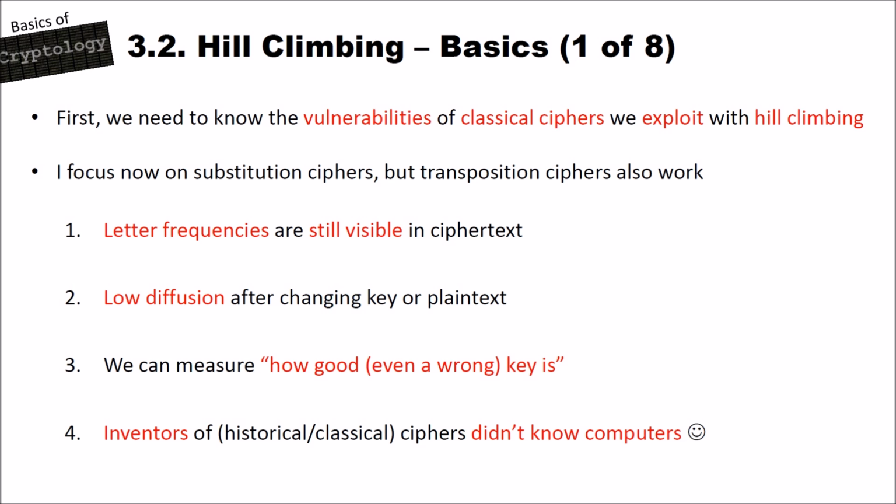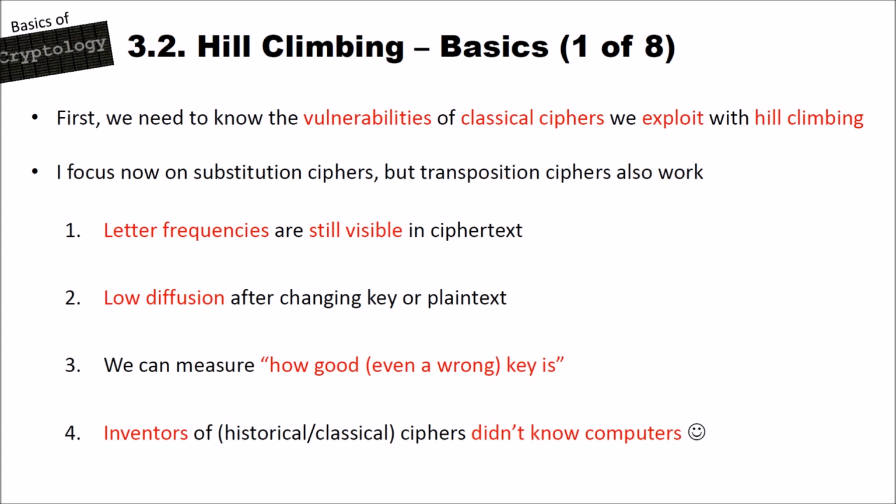I tried to find the most important vulnerabilities of classical ciphers, and I came to a list of 4. From now on I focus on substitution ciphers, but you can also use hill climbing to break transposition ciphers. We have 4 different vulnerabilities. First, letter frequencies are still visible in the ciphertext.